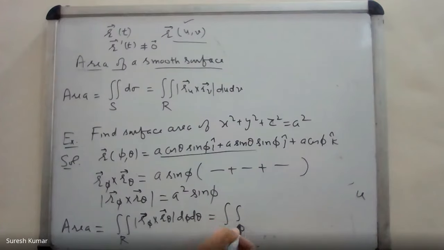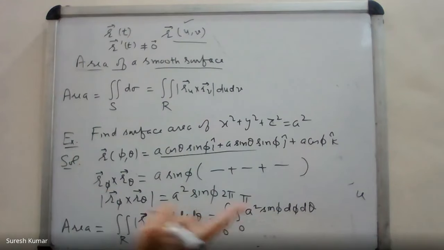I told you earlier the variation of phi. Phi varies from 0 to pi in spherical coordinates, theta 0 to 2 pi. And this R phi cross R theta magnitude we have found as a square sin phi, d phi d theta.